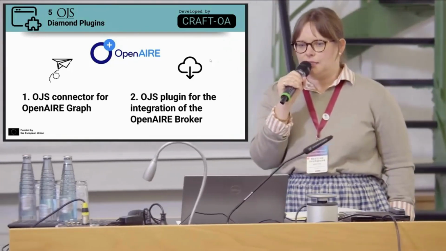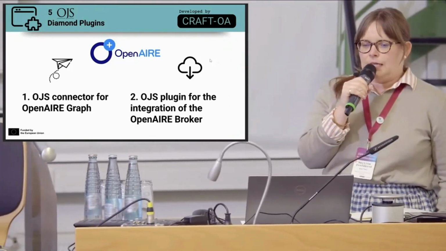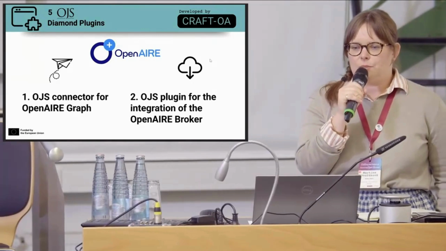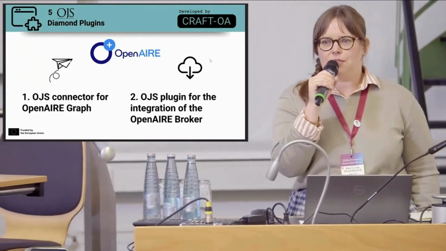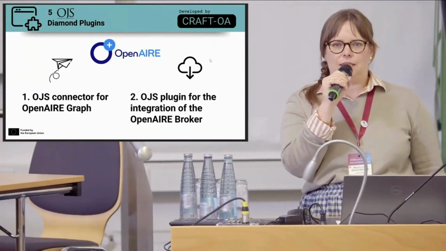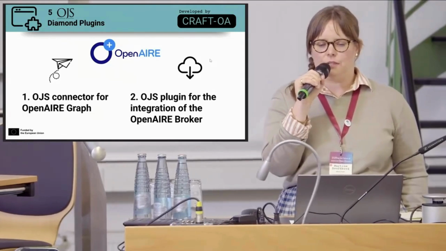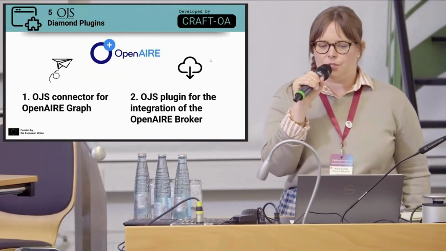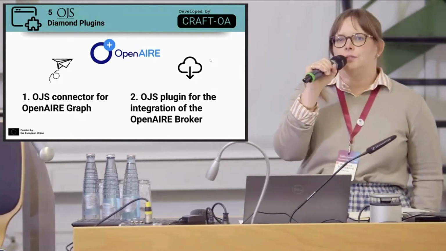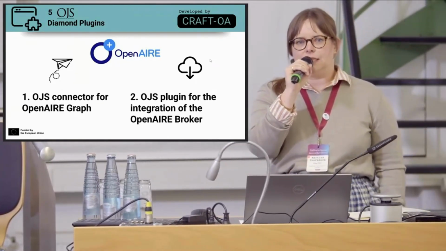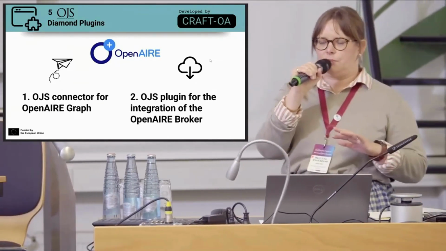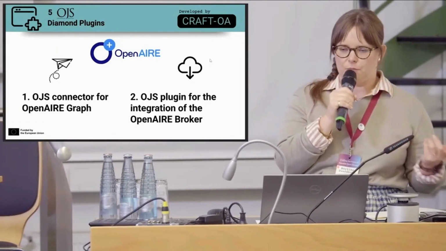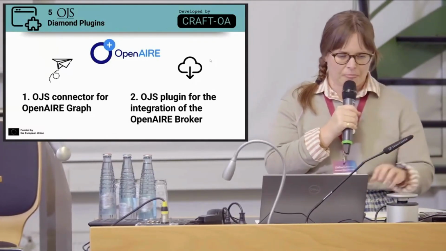Our OJS connector can help you with that. And also sometimes OpenAIRE has more information than you do on your OJS installation, so you can also use the second plugin, the OJS plugin for the integration of the OpenAIRE broker. And you can enrich your own metadata in your journal website with information provided by the OpenAIRE broker.